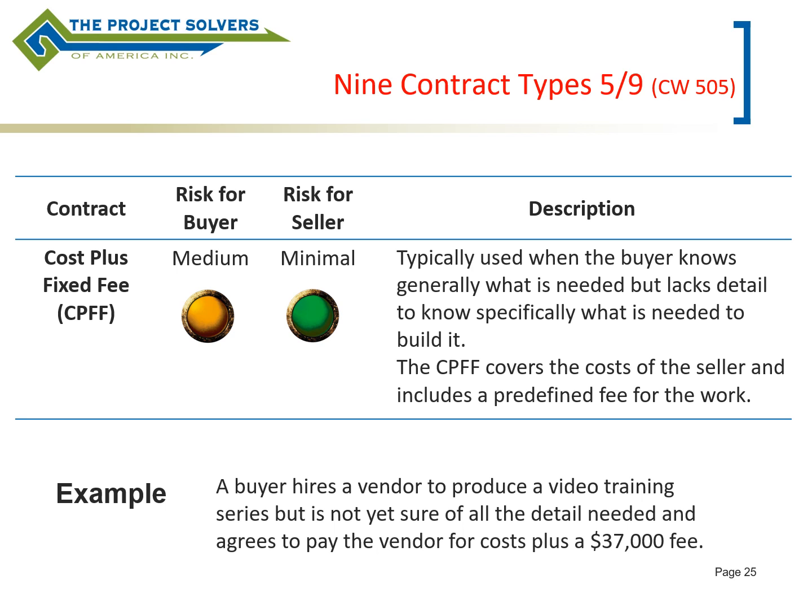A buyer hires a vendor to produce a video training series, but is not sure of all the detail needed, and agrees to pay the vendor for whatever their costs are, plus the $37,000 fee, which is their profit. The key words there being they're not sure of the detail needed, therefore cost reimbursable would be appropriate in this case.